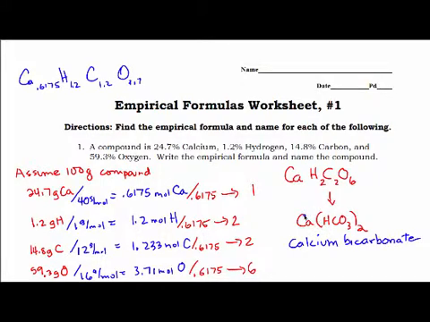Alright, let's recap this. What's our sequence? 1. Assume you have 100 grams of the compound to convert that to grams of each element. Divide by the molar masses to get into moles. Once you're in your moles, you now have the ratio.